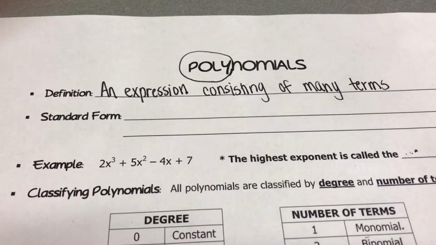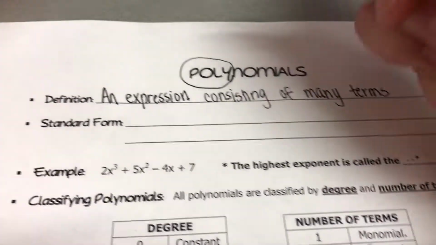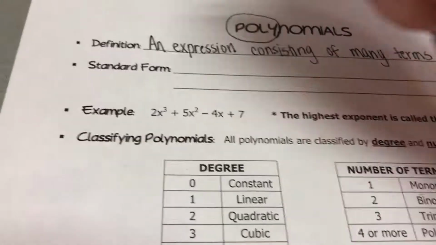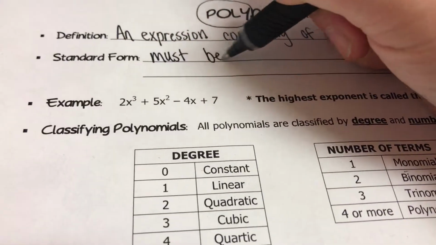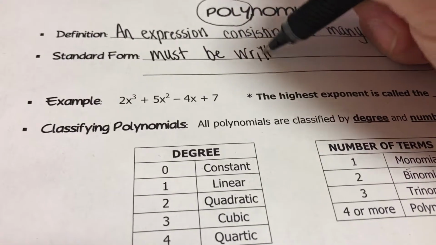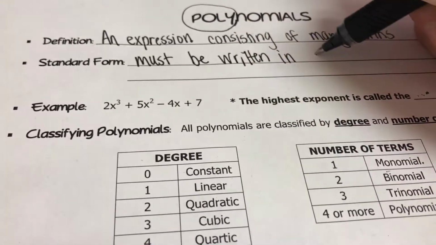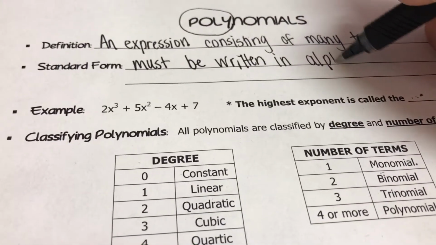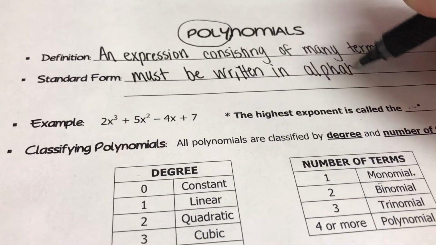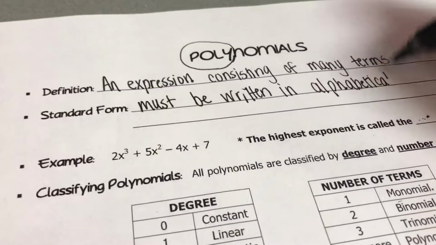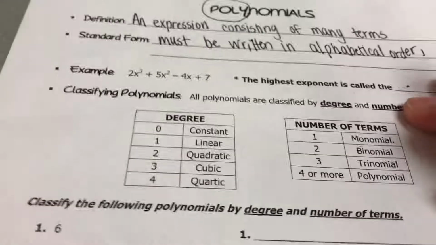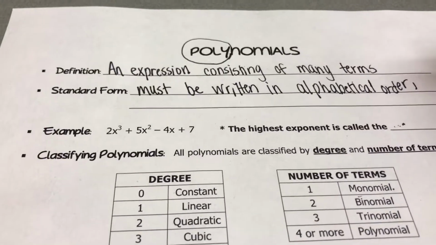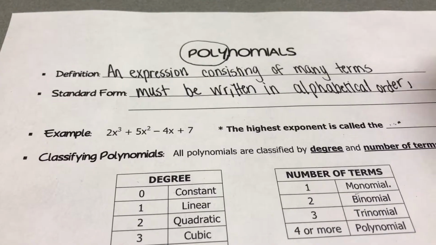There are some rules. When we write these, they must be written in alphabetical order. And the other thing is that the highest exponent needs to come first.